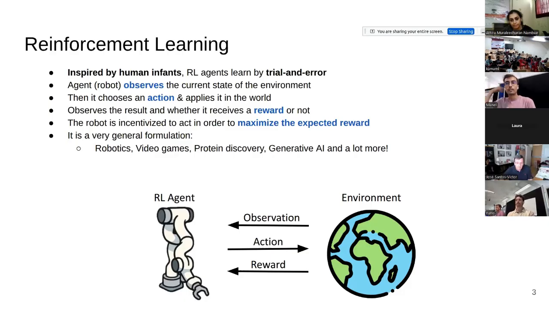So if it does this a lot of times, if it tries and fails and sees the reward, eventually it will become very good at the task that it's trying to learn. So this is a very general formulation. It's why a lot of people have been using it. So you have seen applications in robotics, but also in video games, and in health for protein discovery and other things, and even more recently in generative AI.